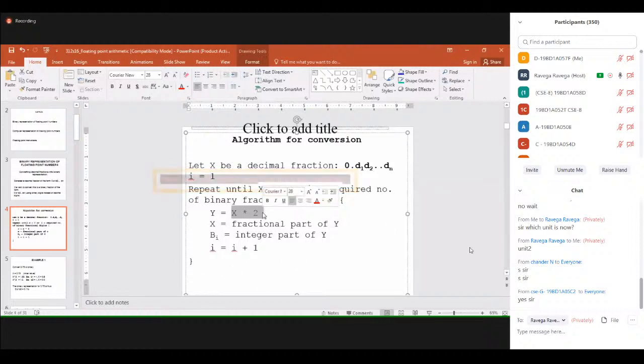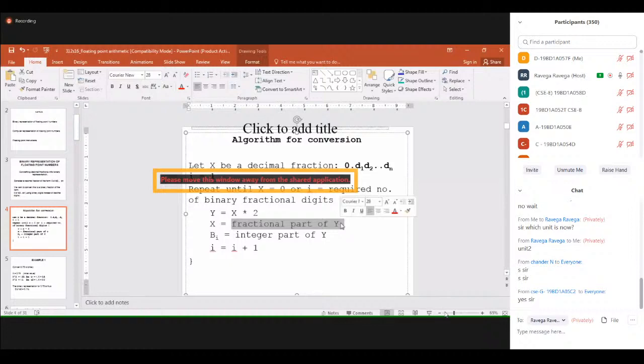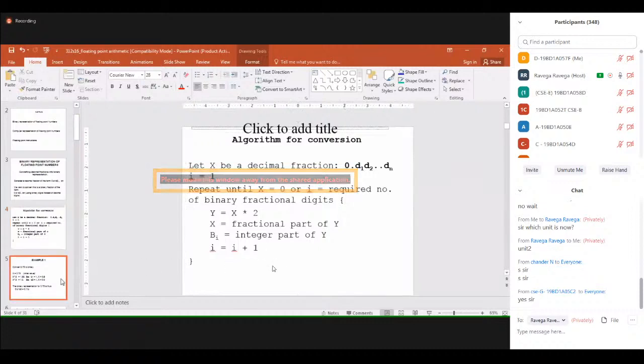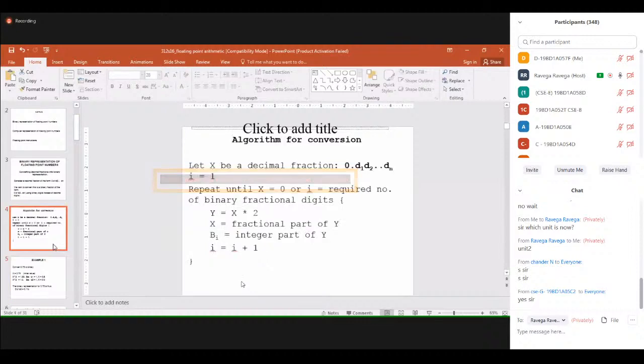When I multiply it with 2, I get a fractional part, that is x, and the integer part is represented as bi. Then you increment it: i equals i plus 1. I hope you understood this algorithm.